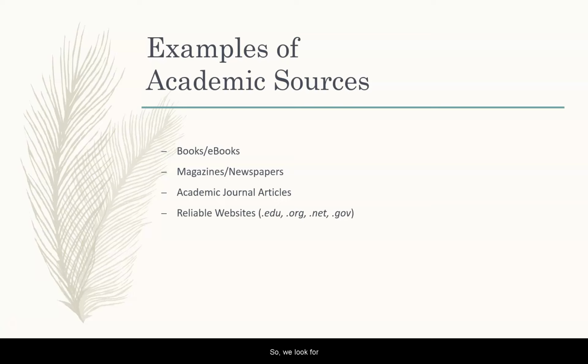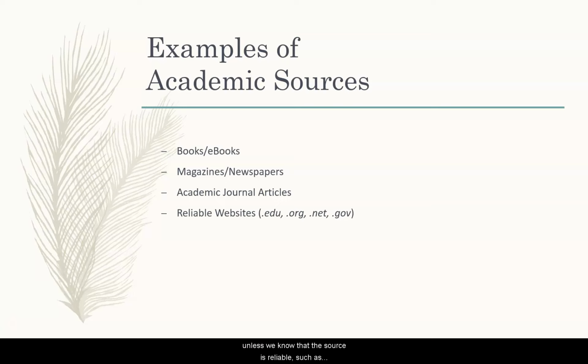So we look for websites that end in .edu, .org, .net, .gov. We try to stay away from .coms unless we know that the source is reliable, such as a trusted local newspaper. Maybe it's a .com, but we know that we can trust the information because we know what the source is.